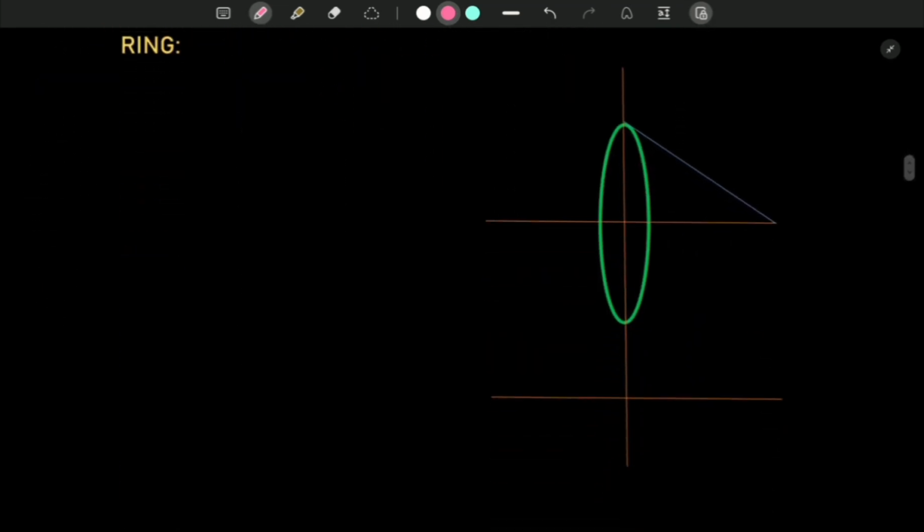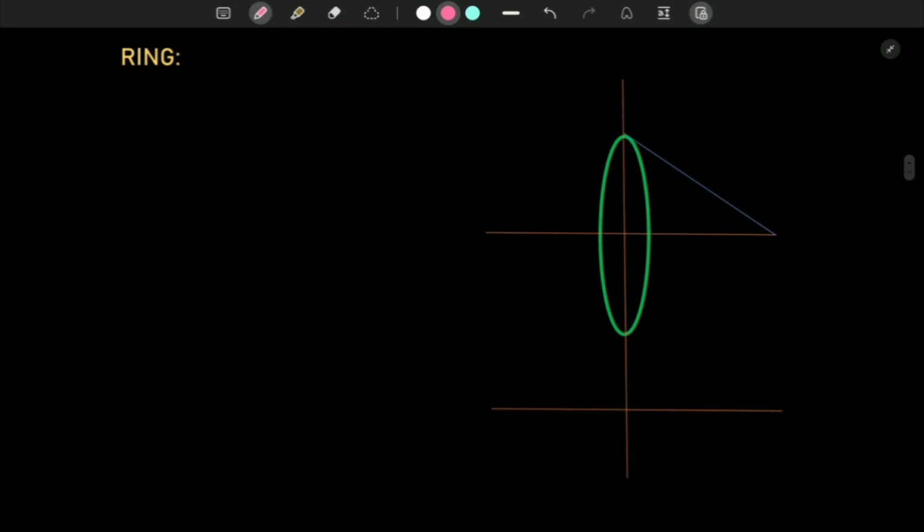So let us start with a ring. So I have a ring over here, and let us take the important points. This is the center C of the ring. Let M be the mass of the ring and radius r. Let me denote this point as point P. It is at x distance. This angle be theta. Now in order to determine the gravitational field, I need to take elements.